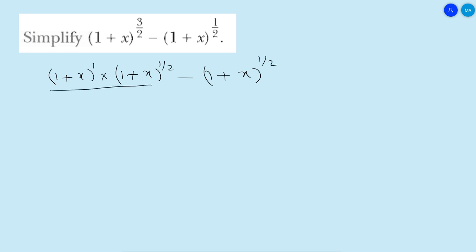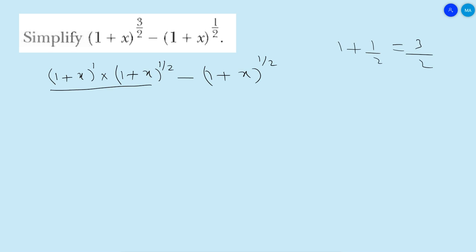Both have the same base. You can see clearly. This is power 1, this is power 1 upon 2. And bases are same. 1 plus 1 upon 2, obviously 3 upon 2.